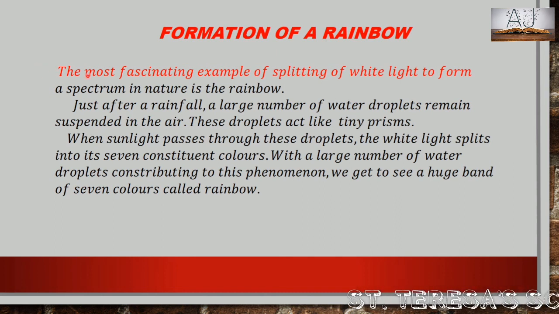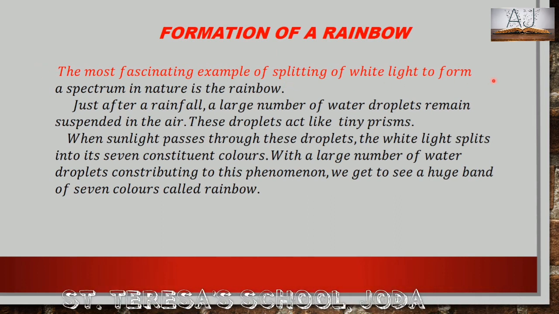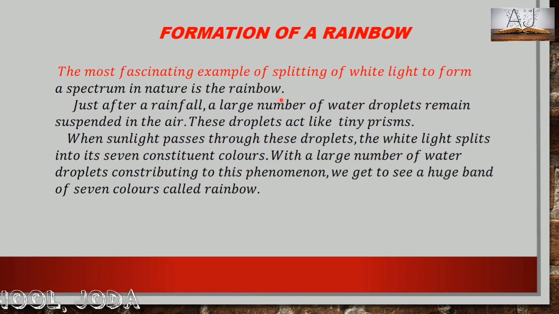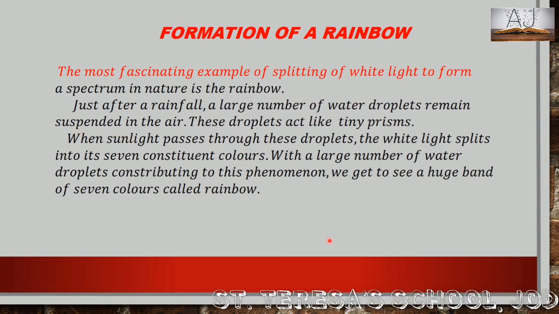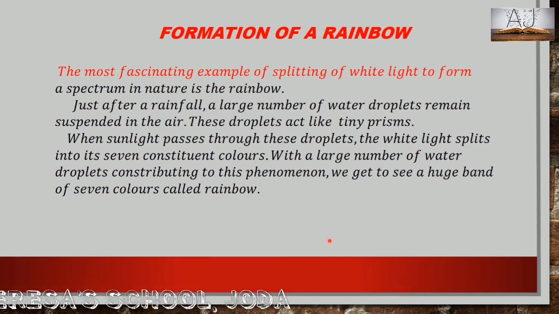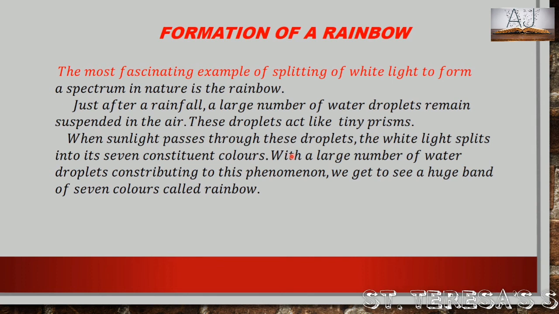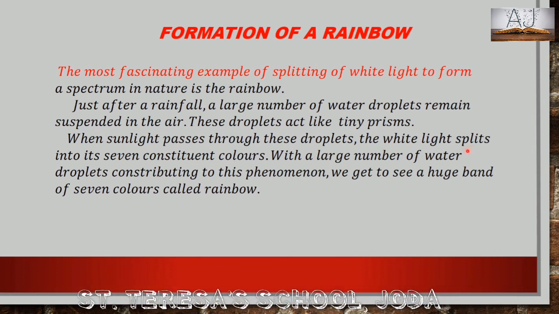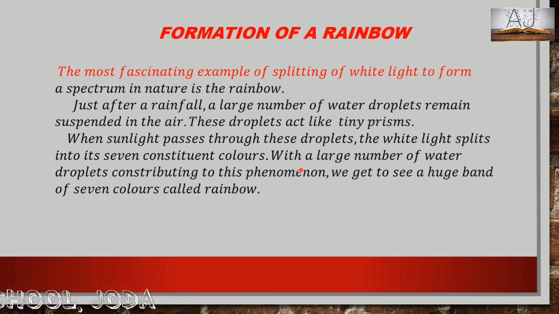Spectrum formation we can see in rainbow as well. The formation of rainbow takes place, and this is the best example of the spectrum formation in nature. Just after rainfall, a large number of water droplets remain suspended in the air. These droplets will act like tiny prisms.